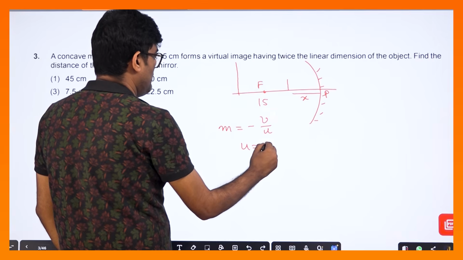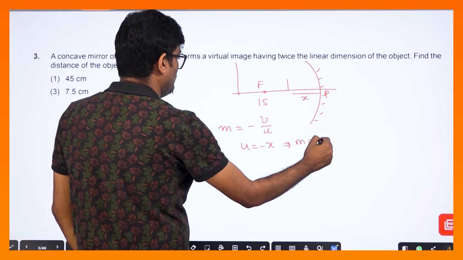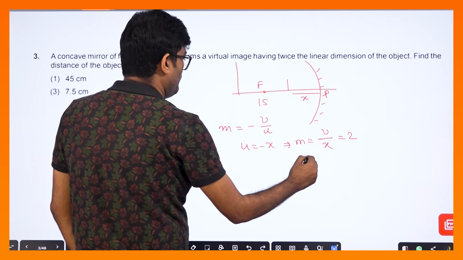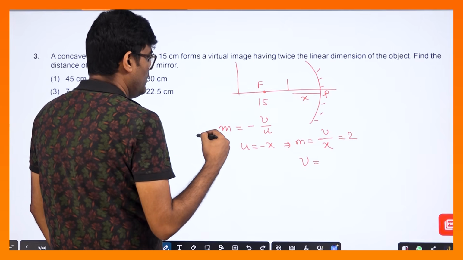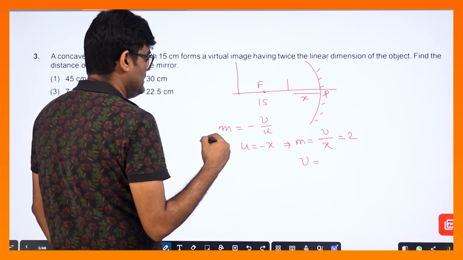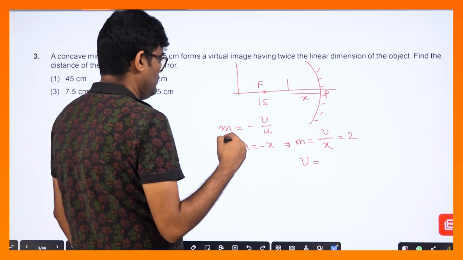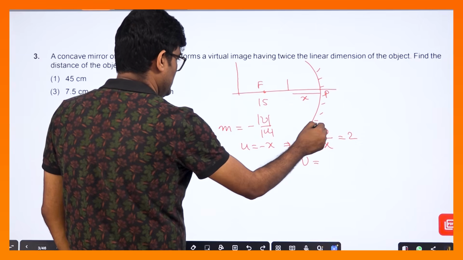U is equal to minus x. So the magnification is equal to v by x, which is equal to 2. So the value of v will be also minus here basically, right? Magnification is +2, right? It is mod v by mod u basically.